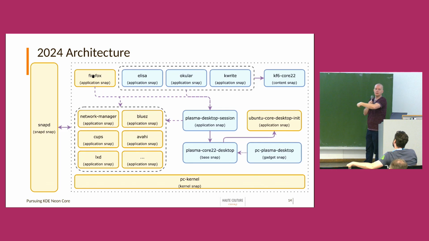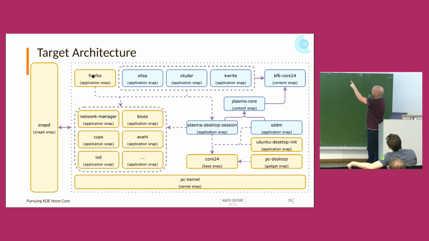If we reuse the regular base snap, we cannot do that anymore. So we need to have a content snap just for that, to provide those binaries so that the other snap can do its job. So we wanted to decouple from the base, and we wanted to be able to slice things up a bit more, because now we got the SDDM application snap, which appears in there. All right, so that's the target.